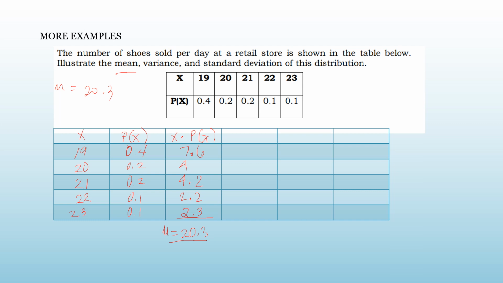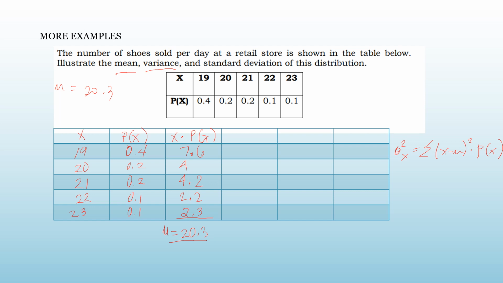Next is to find the variance. Variance is equal to the summation of the square of x minus mean times probability of x.